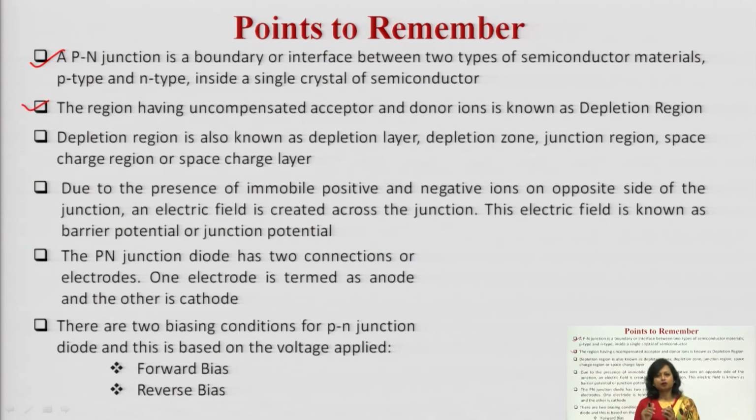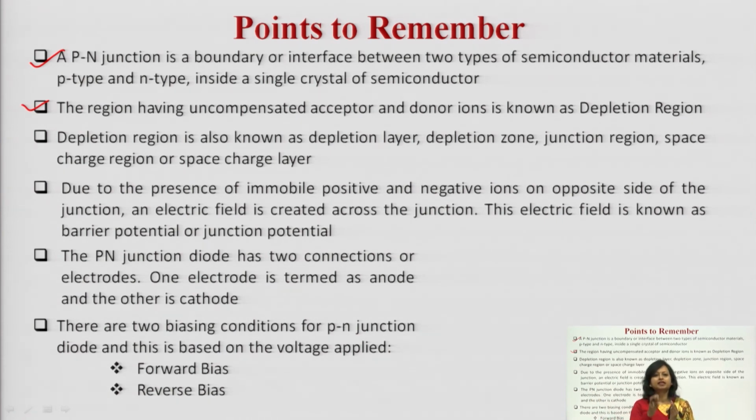When a junction is formed, then what is going to happen? Because of the concentration gradient, the diffusion process takes place. Diffusion means wherever there is a difference in the concentration. In p-type semiconductor, the majority charge carriers are holes, while in n-type semiconductor, the majority charge carriers are electrons. So, holes are moving from p to n, electrons are moving from n to p.